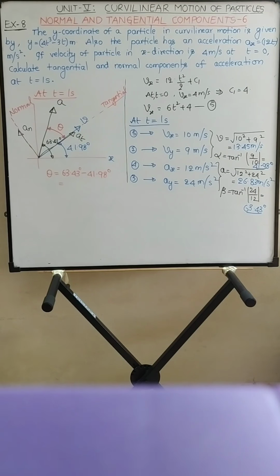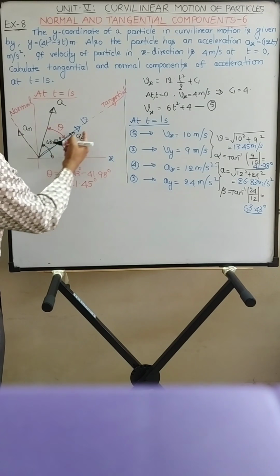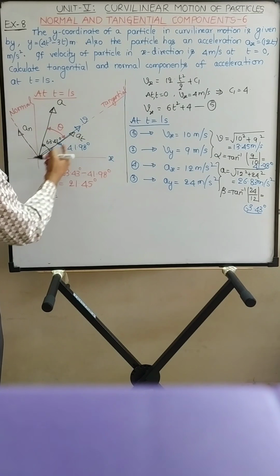Now AT, that is the component of acceleration in the direction of velocity, AT is equal to A cos theta, and the normal component AN is equal to A sin theta.